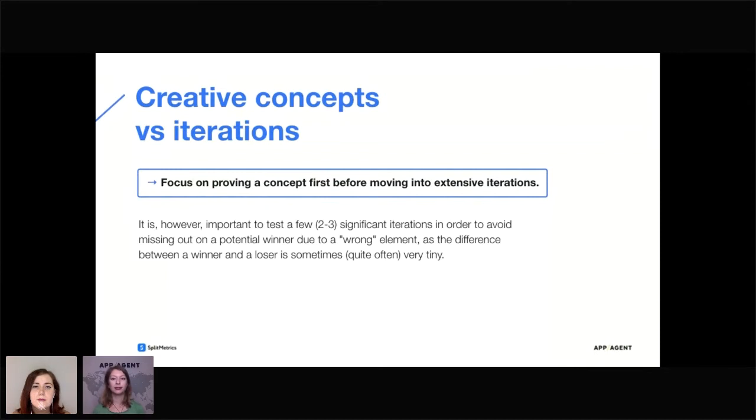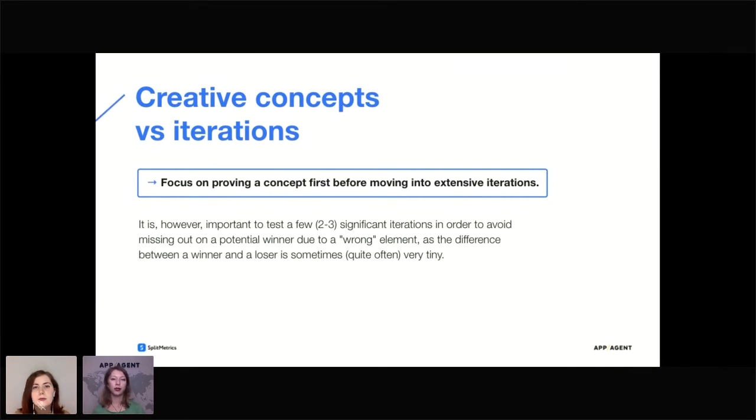With that being said, I do recommend doing 2 to 3 major iterations. What I mean by major iterations, so don't just tweak small things like the copy overlay, but do big changes that can really drive incremental impact, such as maybe black and white versus color, maybe animated versus real live footage, things like this.